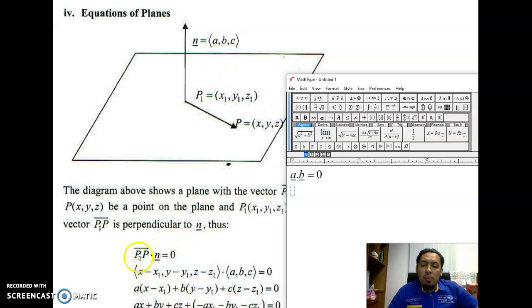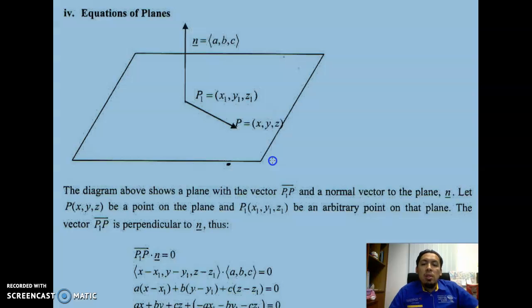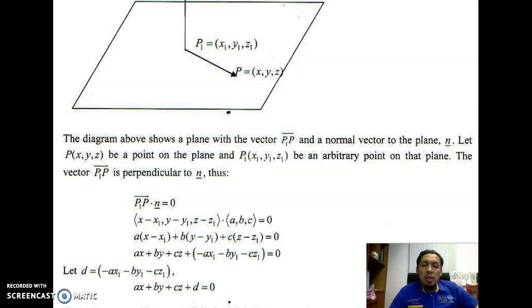As for the first vector, we don't know the value, but we do know that the vector should be x minus x1. P1 to P is P minus P1. So the vector of P1 to P is the value of P minus the value of P1.